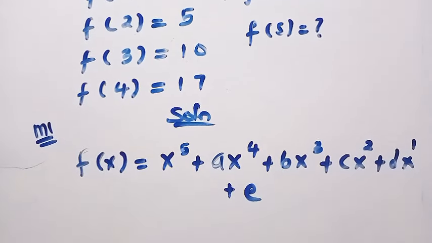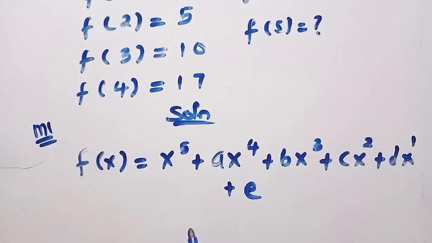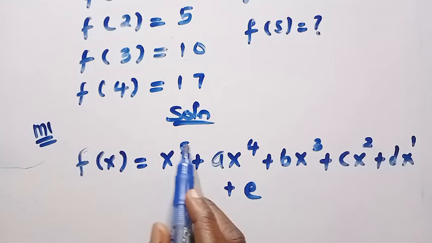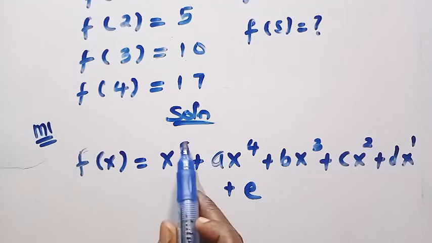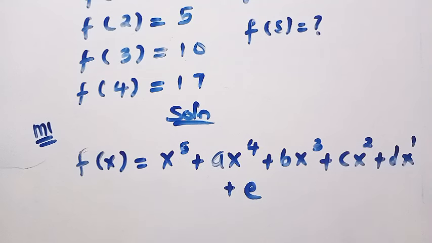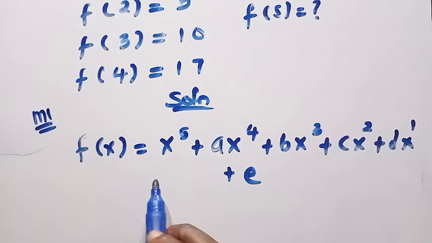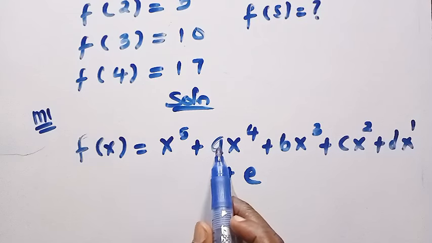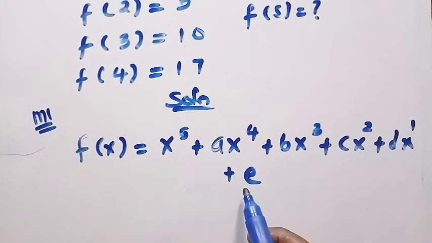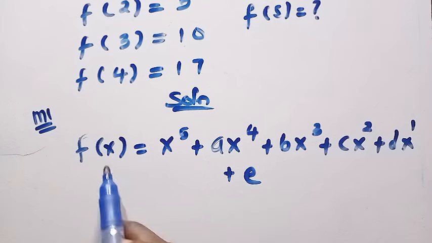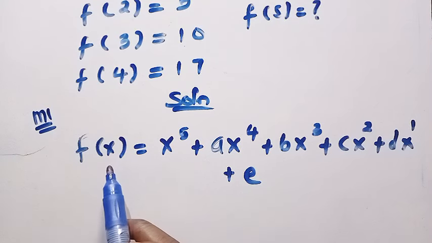When we look at this standard coefficient method of degree 5, if the question says degree of 6, we start with 6, then we proceed. What we are expected to get here is what values of a, b, c, d, and e are, before we can plug in the value of 5.